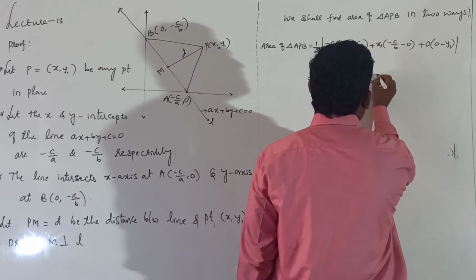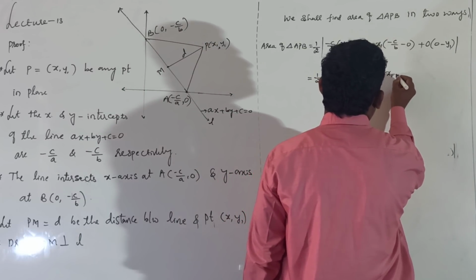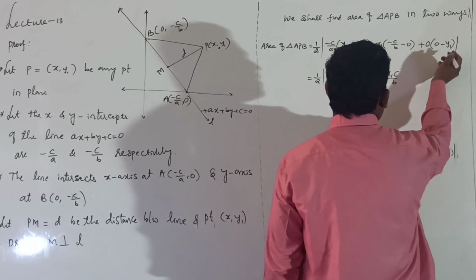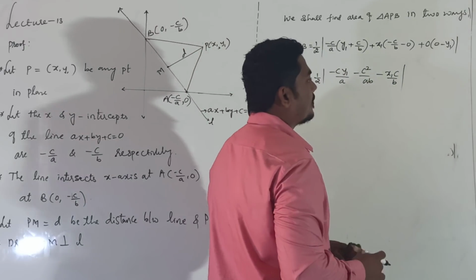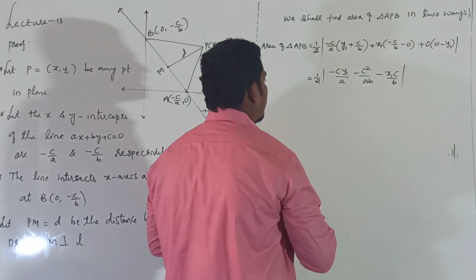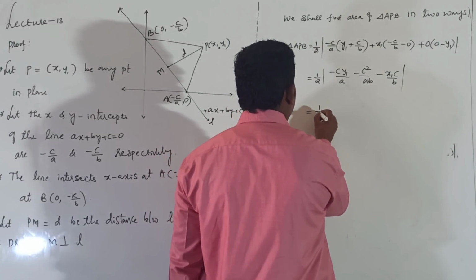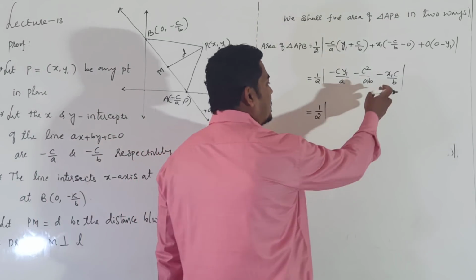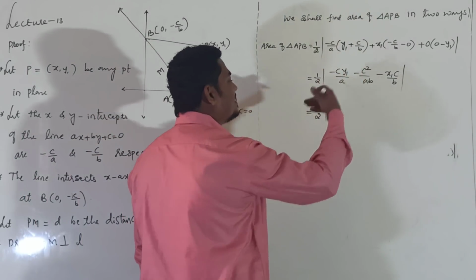Here x1 minus c divided by b into 0 is nothing. 0 into any expression is 0 only. 0 into 0 minus y1 becomes 0 only. After that, 1 by 2 times the modulus sign remains as it is. Just taking LCM, or else tell me what is common here.